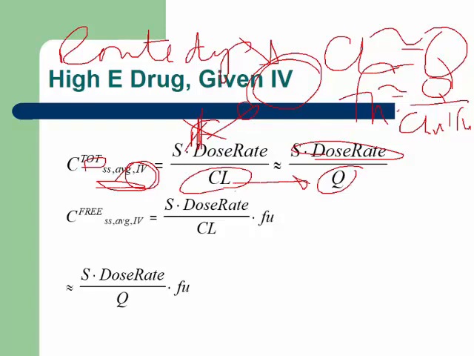But for a high extraction drug, we know clearance is approximated by Q. So it turns out that it's just our salt form, our dose rate, and our Q that determines our CSS total if given IV. So what if there's a change in intrinsic clearance? Not an issue. What if there's a change in binding? Not an issue.